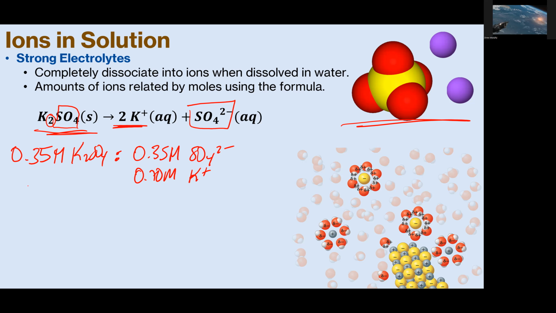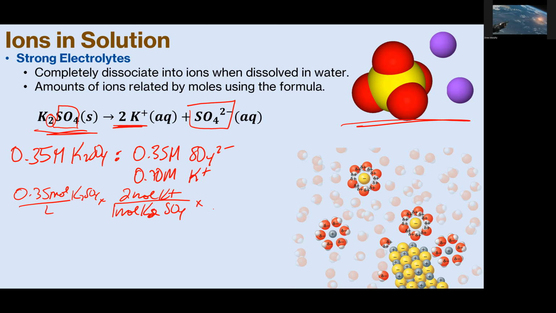So we could say 0.35 moles per liter of K2SO4. And we know that 1 mole of K2SO4 is 2 moles of K plus.